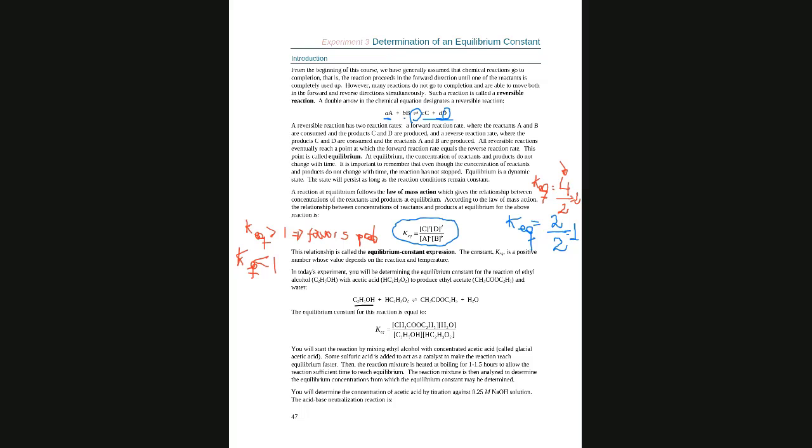Basically, when alcohols and acids combine to form esters and water, because this is an ester and this is water, it is called Fischer esterification. But all we expect from you is to recognize, okay, this is an alcohol and this is acetic acid.